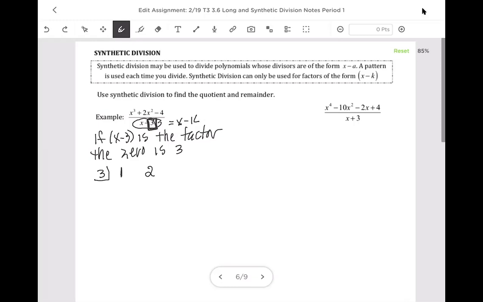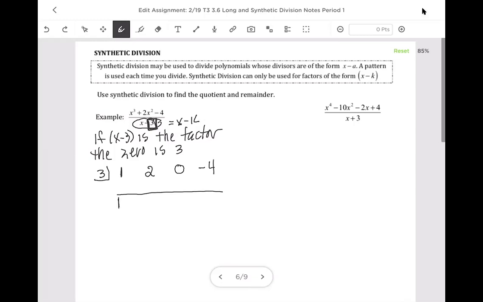The x term is missing, so I put a placeholder of 0 and then -4. Then we draw a line, and here is the process. It takes, like some students have told me, 3 practices to get it. Others have told me 5. Once you see the pattern, you will be able to do it, and it's super easy.